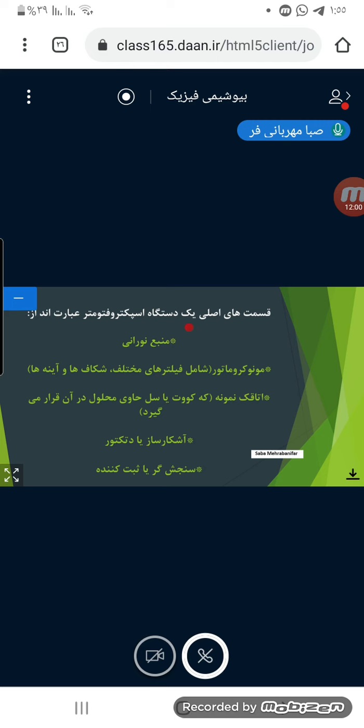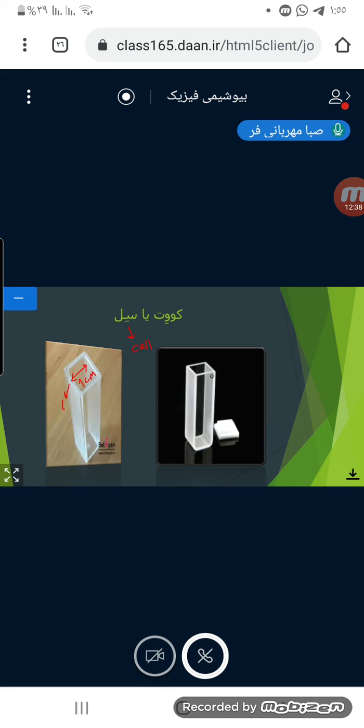Okay, different parts of a spectrophotometer are the light lamp, monochromator, a special part for a cuvette, for detector, and number 4. They are here.